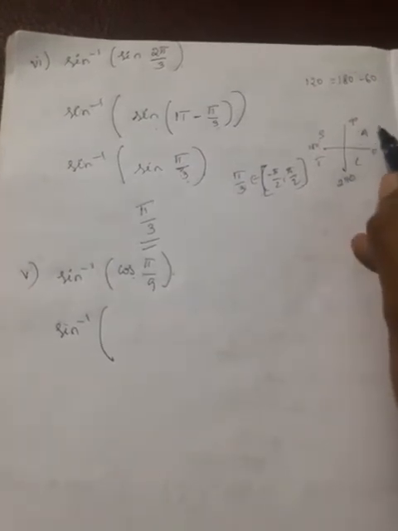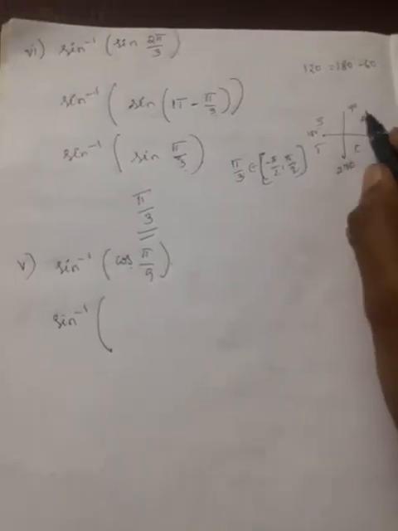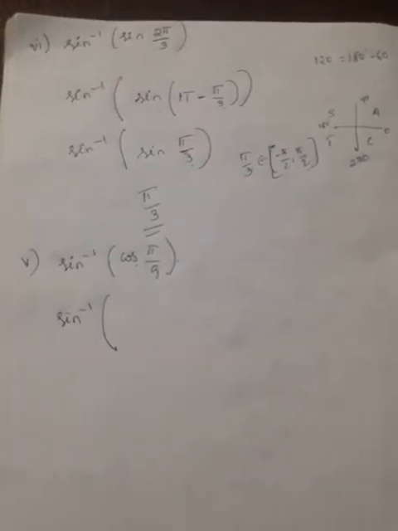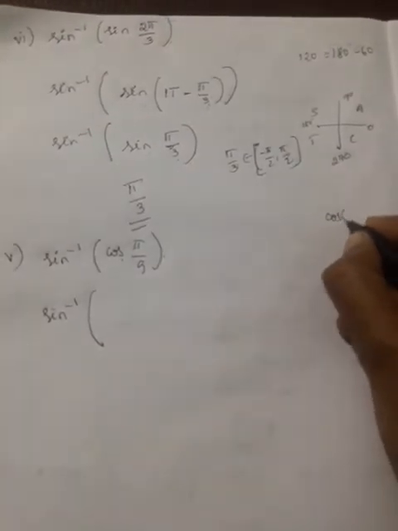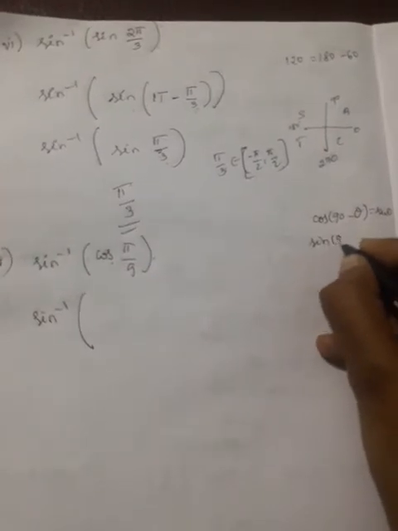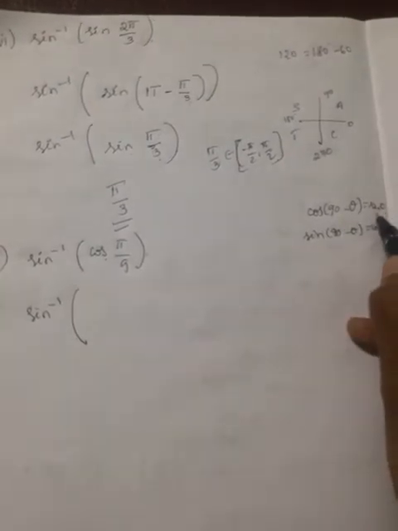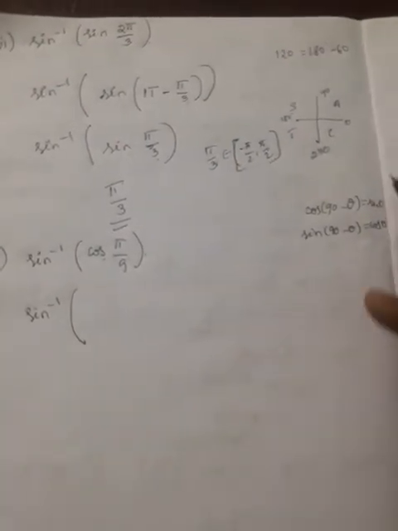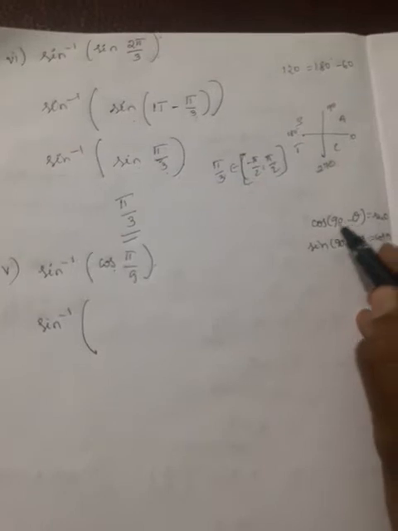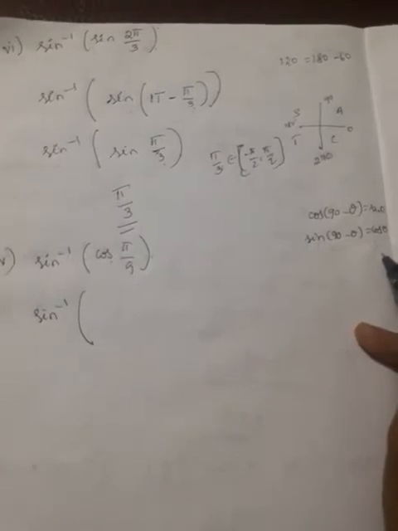You know that sine and cos are all positive in the first quadrant, and for 90 minus anything, sine of 90 minus anything is converted into cos of that. That means cos of 90 minus theta is sine theta, and sine of 90 minus theta is cos theta, because for 90 degree and 270 degree, if you add or subtract, cos is converted into sine and sine is converted into cos, tan is converted into cot, like that.